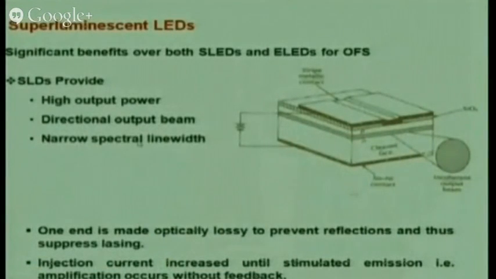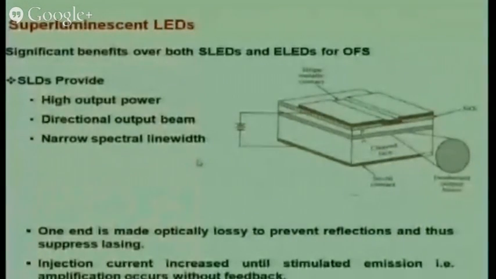These very bright LEDs are available in the market. And they are nothing but superluminescent type, where during the process we do not maintain the alignment of the edges. So it gives me a directional output beam, very high power output, and narrow spectral bandwidth of the order of 20-30 nanometers, whereas LEDs give me 80-100 nanometer bandwidth.